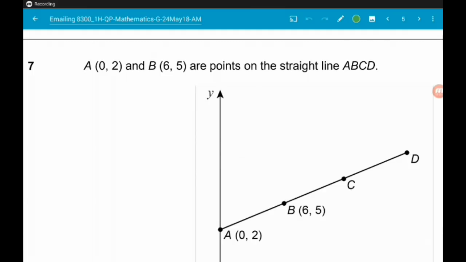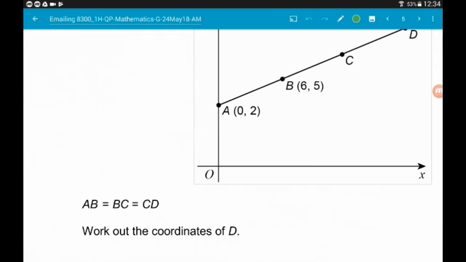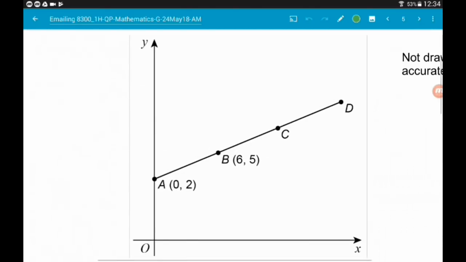Okay, question 7. Point A, 0, 2 and point B, 6, 5 are points on the straight line ABCD. We're told that the length AB is equal to the length BC, which is equal to the length CD, and we want to work out the coordinates of point D. So, we know this length is equal to this length, which is equal to this length.